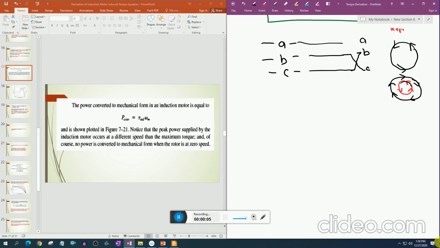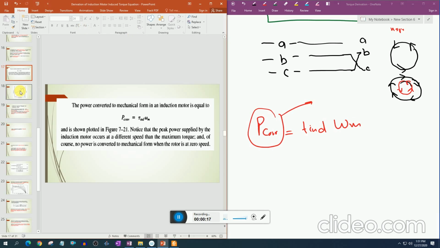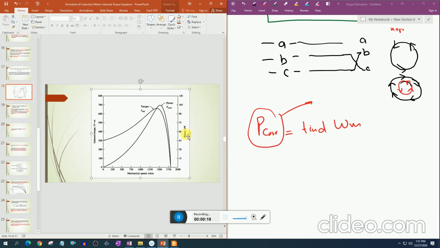So P converted can be given as torque induced times omega m, and when plotted on the same graph, it looks like this. At 0, when omega m is 0, P converted is 0, so P out is 0, but torque induced is not 0.